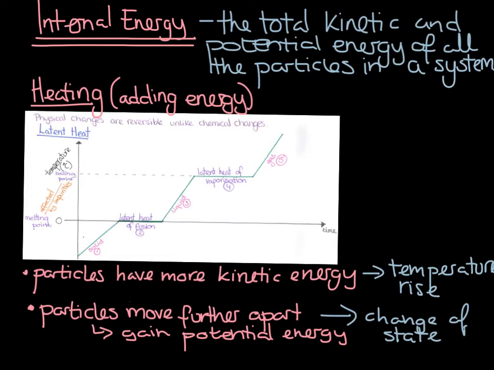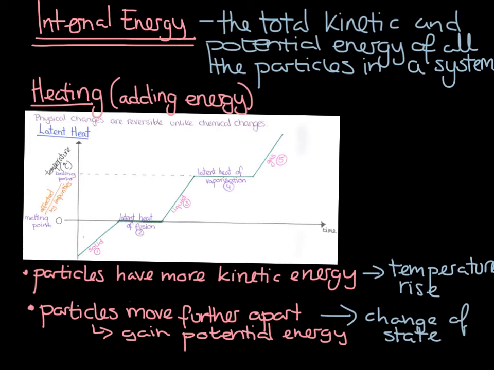So if the particles can move around, if they're moving, those particles have kinetic energy. But also those particles can have potential energy, they can have the potential to do something. So when we heat up a substance, and we've got our heating graph here again, when we add energy, we're adding to the internal energy. We're giving that substance more internal energy.